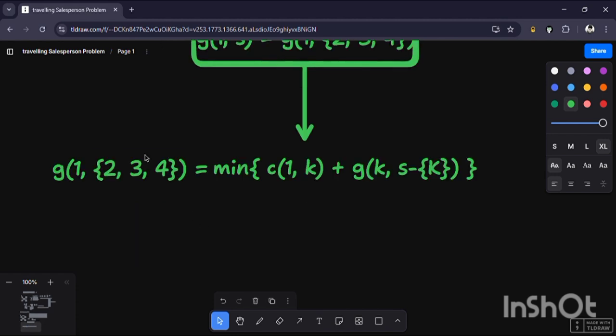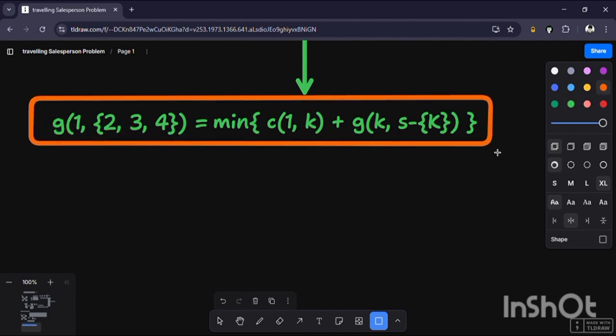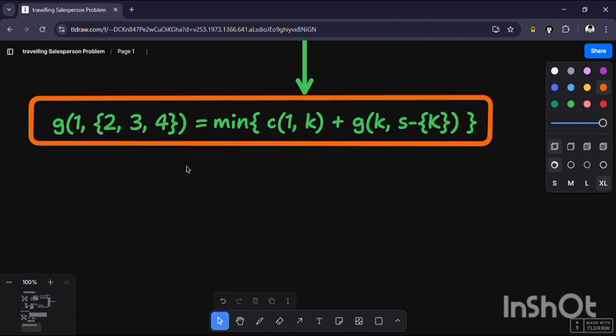Okay, fine. So this is my equation which will give me my answer. Let me highlight it. This is my equation which will give me my answer. So this is for this particular value from 1 to 2 3 4. Now let's generalize it more. So how can we generalize it?